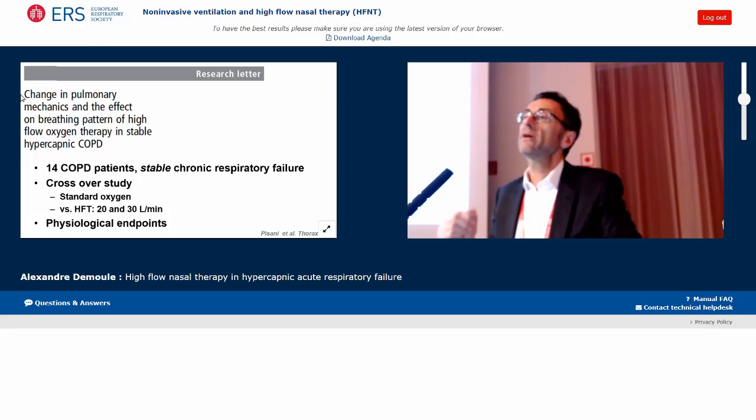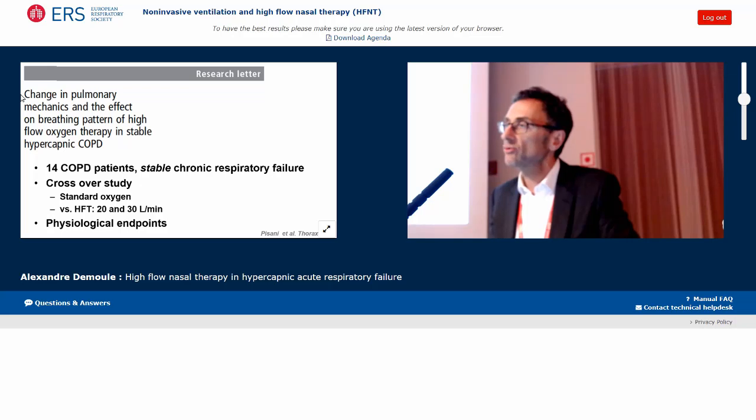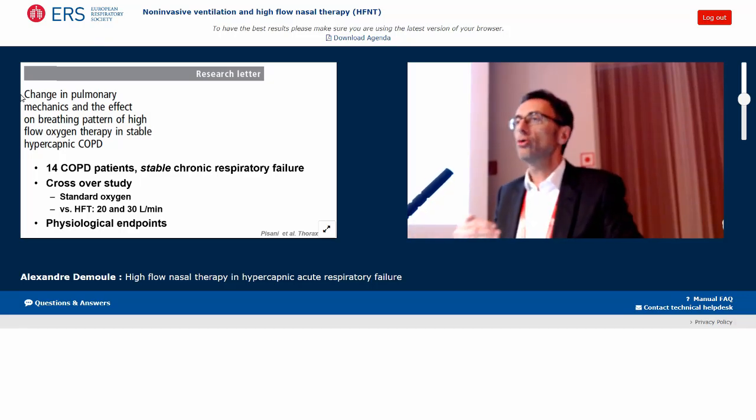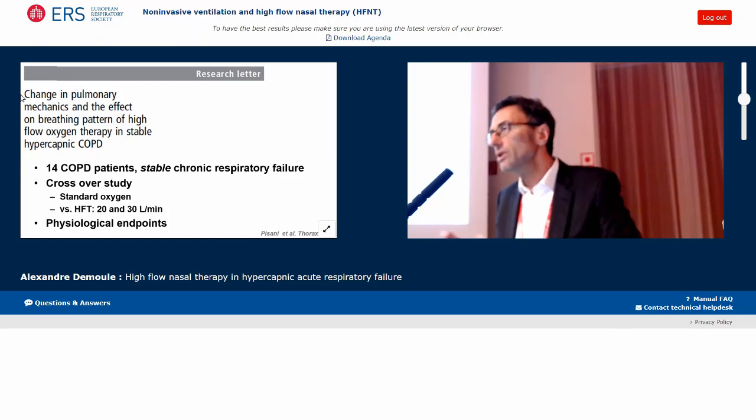But you have to be aware that this study has not been conducted in patients with acute and chronic respiratory failure, but in stable COPD patients. But I think that what we can find in the results of this study could be interesting to understand how high flow could be beneficial in COPD patients with acute and chronic respiratory failure.